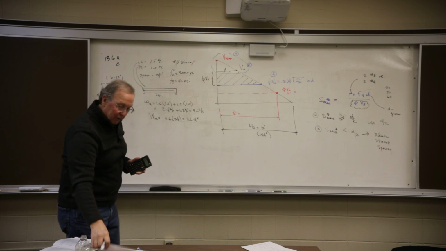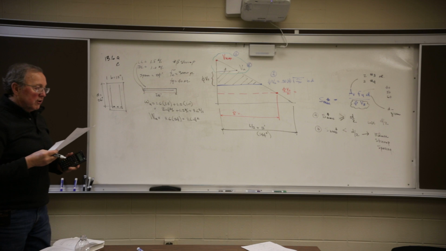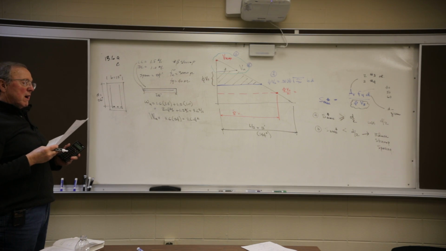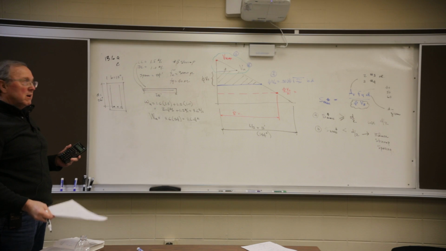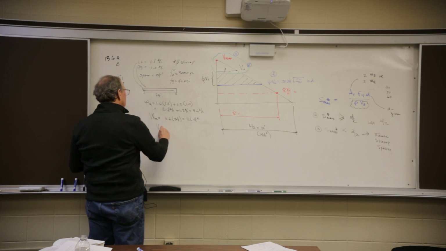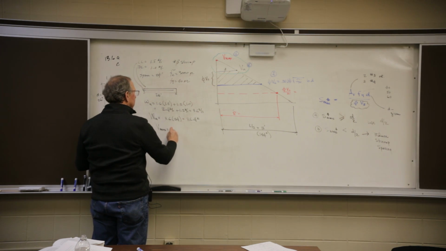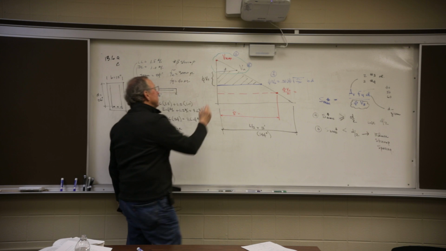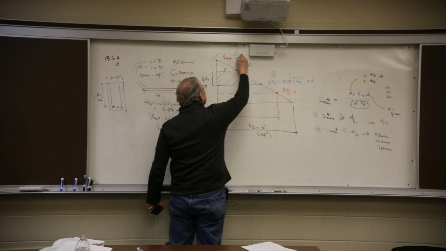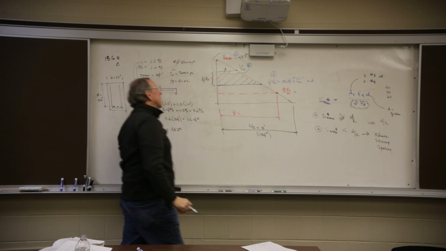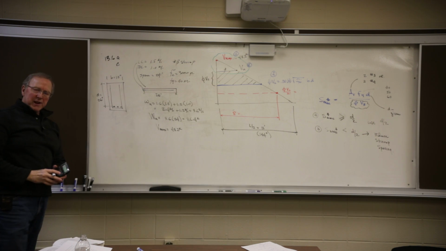So if you're following me on your handout, it says Vmax is WU over 2. So if I do this, Vmax is equal to 43.2 kips. Okay, let's put him up here. There's one of the numbers I needed.